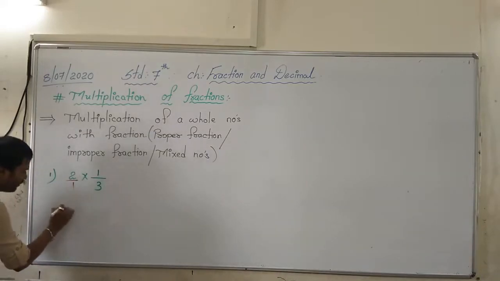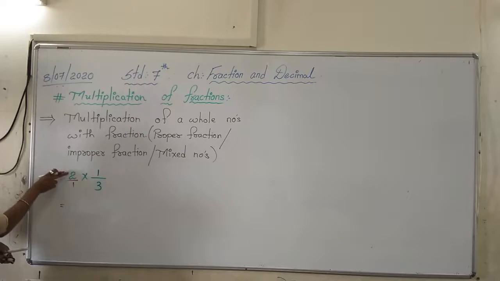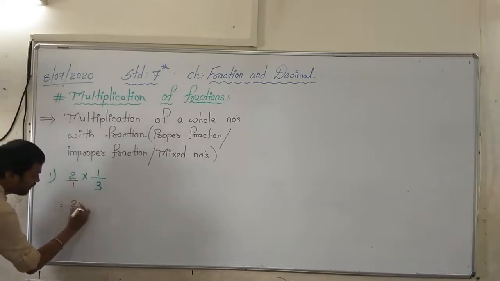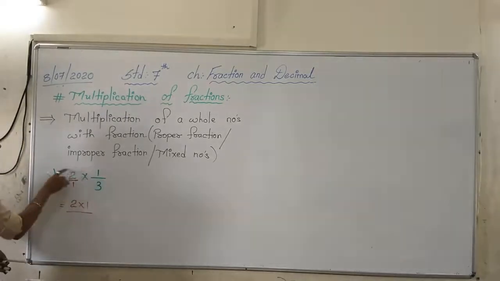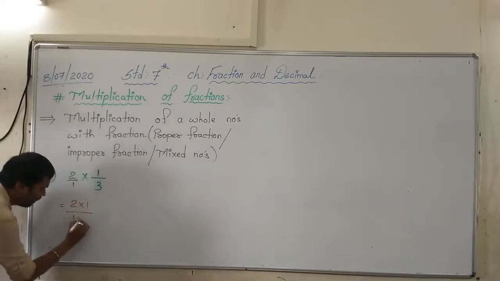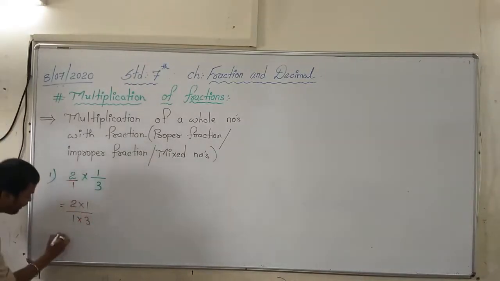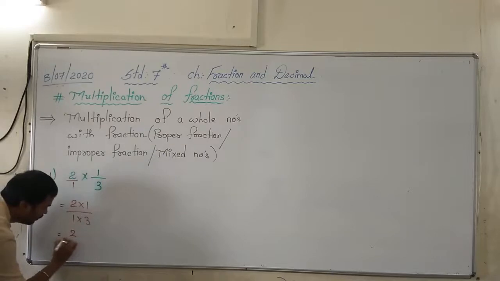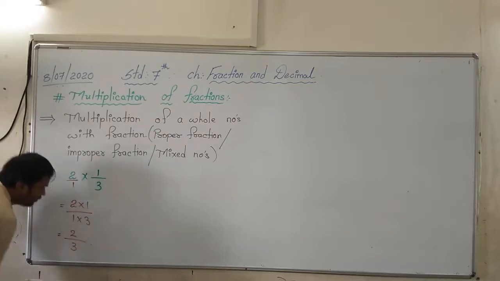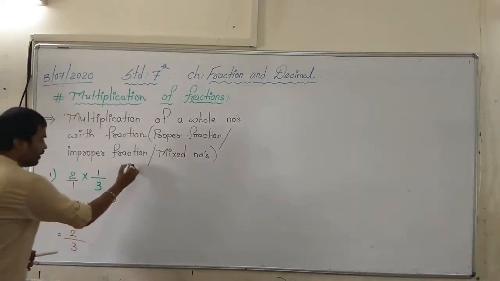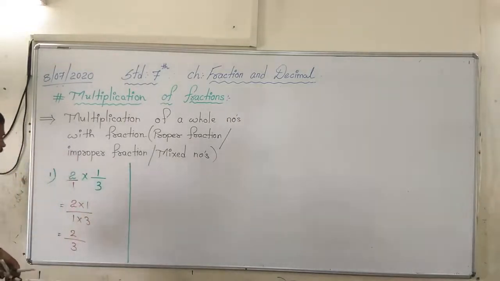Now you just multiply numerator with numerator and denominator with denominator. That is 2 multiplied by 1, the product of numerators, upon 1 multiplied by 3, the product of denominators. That is equal to 2 ones are 2, 3 ones are 3. So this way you can multiply a given whole number with a fraction.